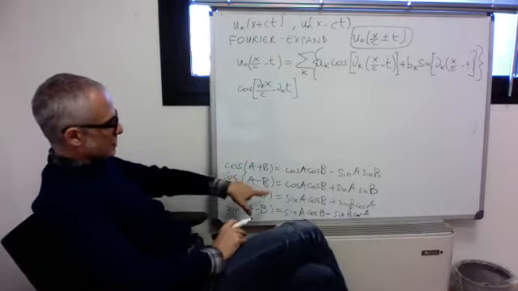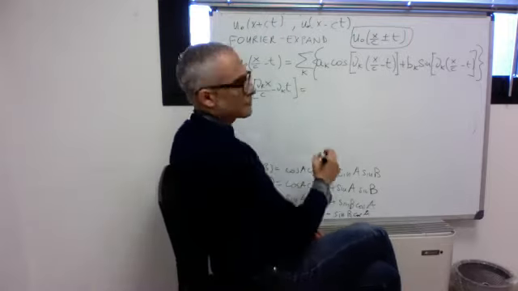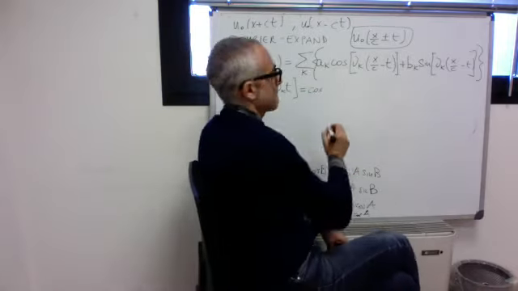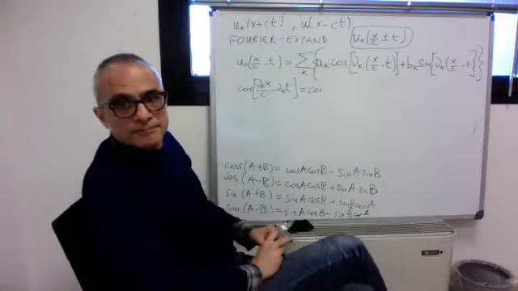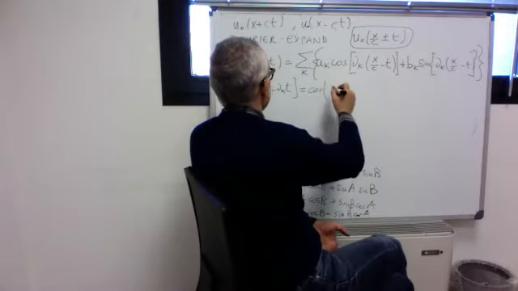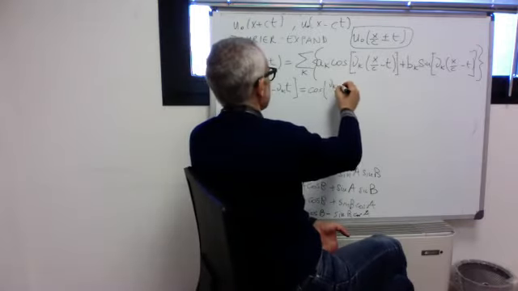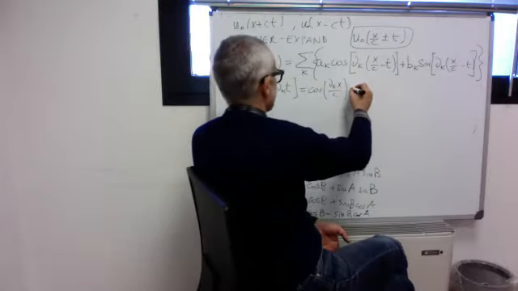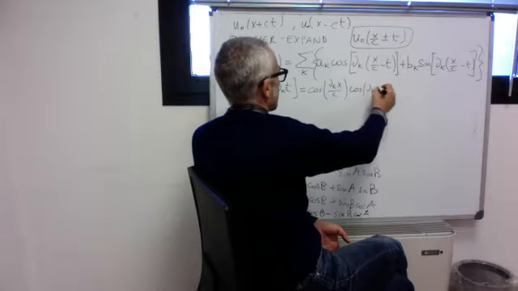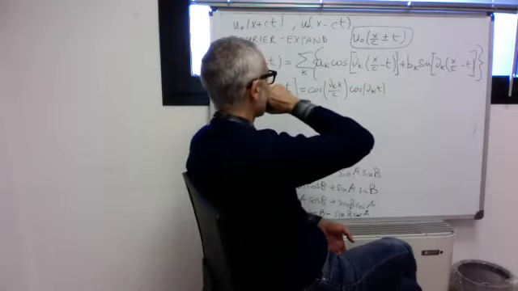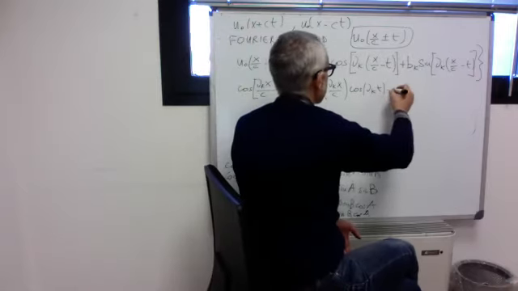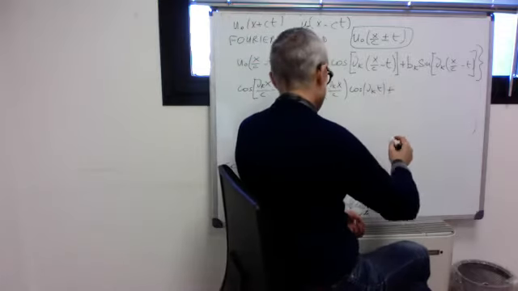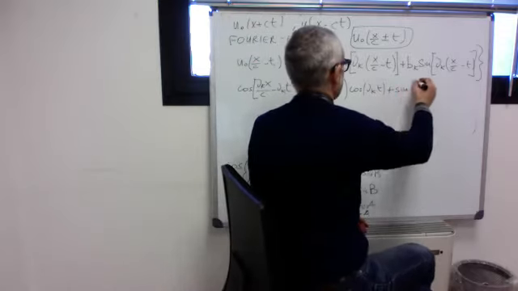Formula number 2 here gives me cosine of nu_k x over c times cosine of nu_k t plus sine, so the sines of the same things.